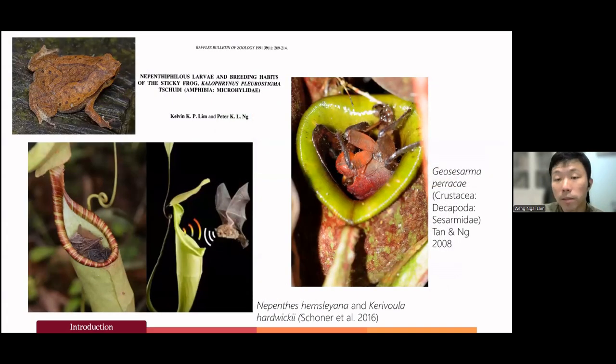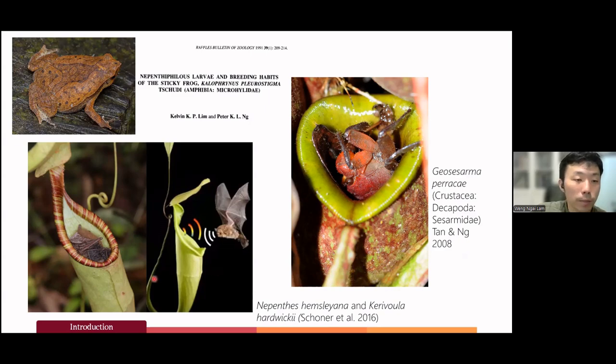Actually, some of the best known inquilines... Every time I tell people, when I was doing my PhD, I say, I work on pitcher plants and the animals that live in them, they say, have you seen the crabs that live in the pitcher? Or have you seen the frogs that breed in pitchers? And actually, they're the best known, but they're actually facultative or even opportunistic kinds of inhabitants of pitchers.